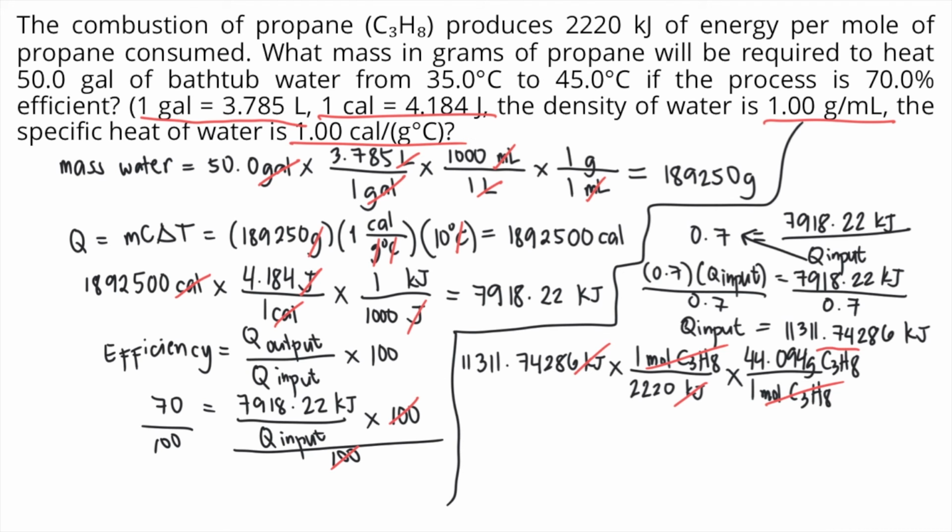So all you have to do now is grab your calculator and solve for the grams of propane. So that's 11311.74286 times 44.094 divided by 2220.